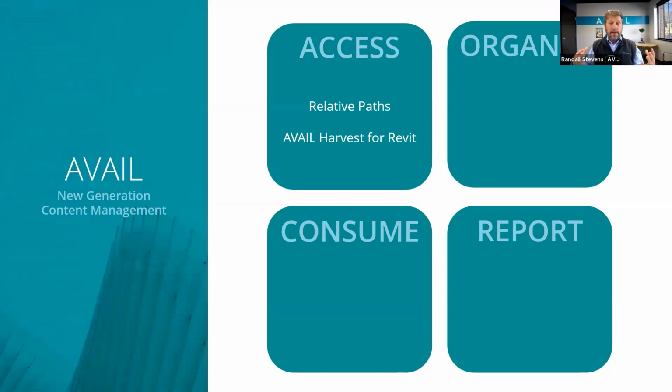We're continually updating our AVAIL Harvest for Revit, so as I said, the idea that you can manage detail libraries. We added support for Revit material management in there, so just a lot of features that were extended. This fall, we added support for view templates management in that AVAIL Harvest for Revit.